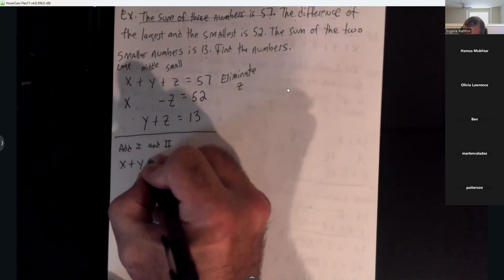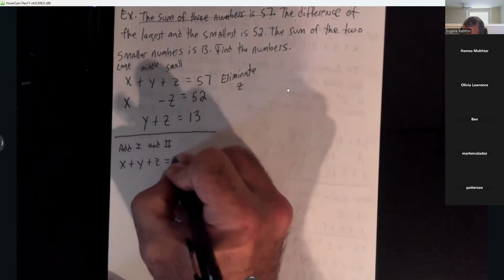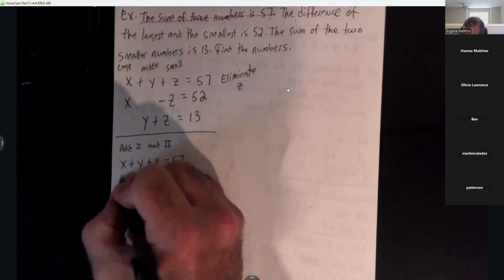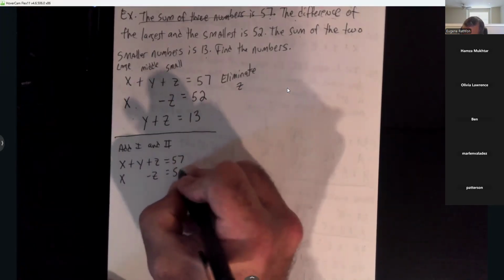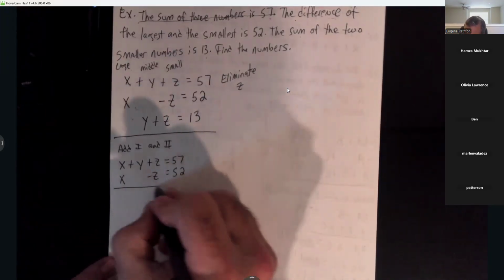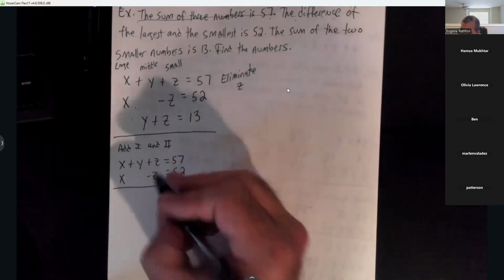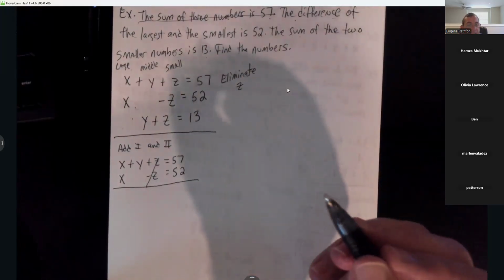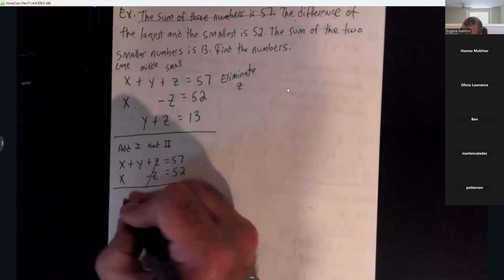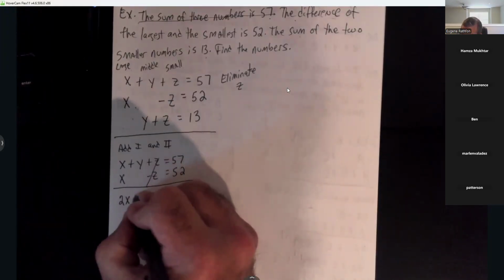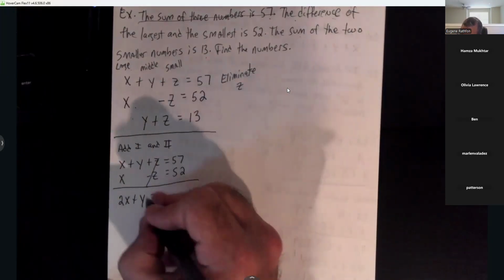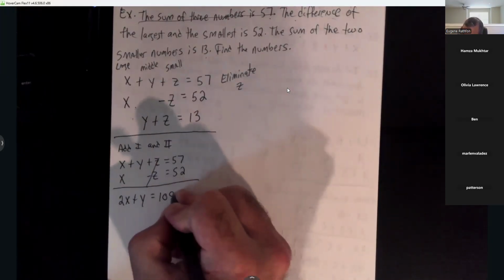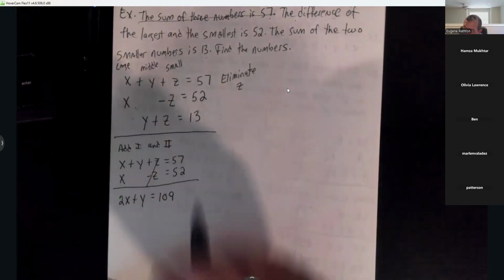X plus y plus z equals 57. X minus z equaled 52. All right, so the z's definitely cancel. So we got two x's plus that y equals 109.